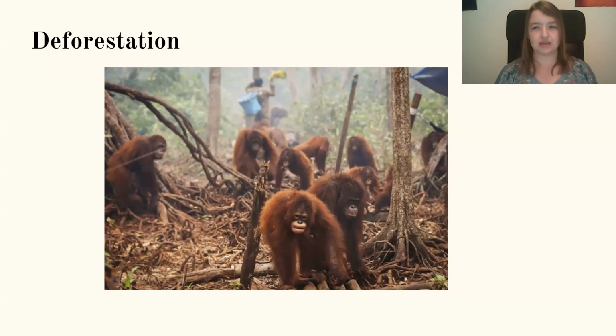What do you notice that is wrong with this picture? You can see a group of orangutans who are on the ground. Their habitat has been destroyed, and it looks like fire because you can see smoke in the background. It has been purposely destroyed by deforestation, human impact.